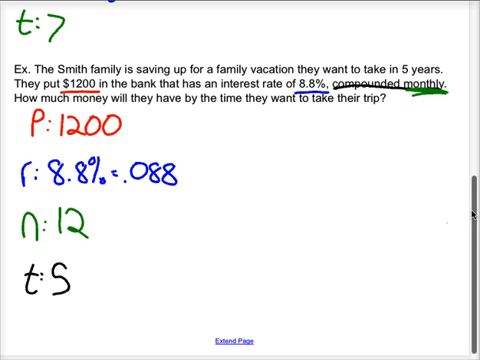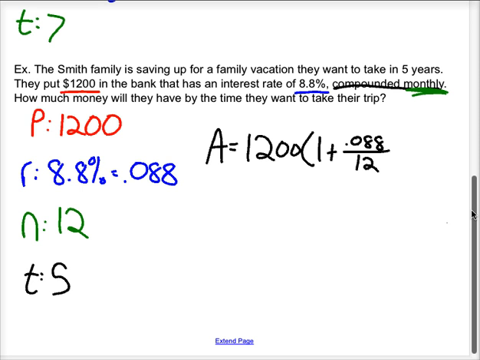So we're going to calculate how much money will there be in 5 years. And now all we have to do, plug all of it in. So 1,200 times 1 plus that rate over N, times N times T. All right. So again, remember how to write all of that out.